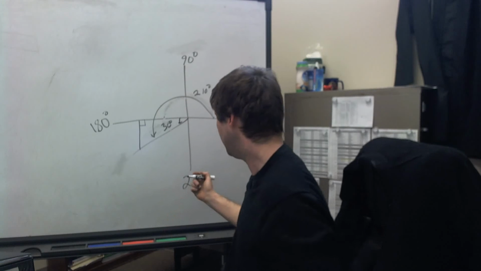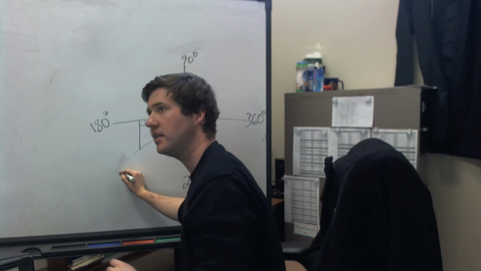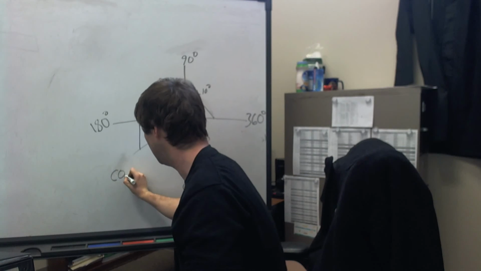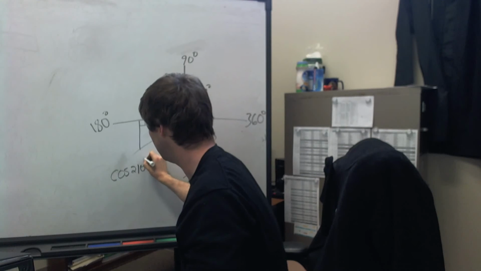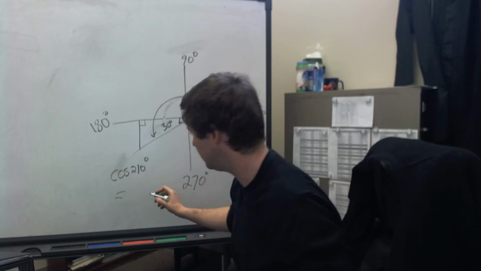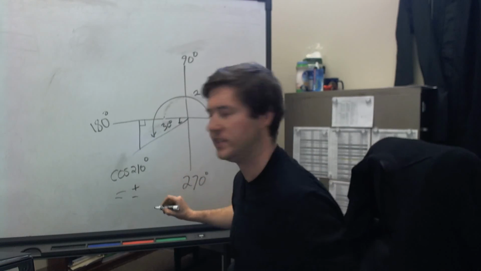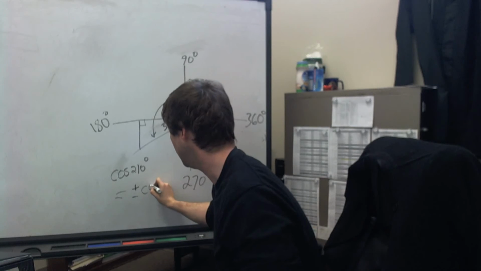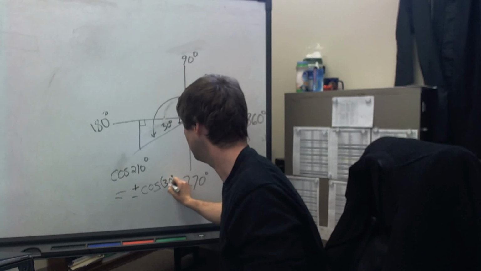So what this says, the rule we're going to get out of this section, is that the cosine of our angle, 210, is going to be either plus or minus the cosine of our reference angle. It's going to be plus or minus the cosine of 30 degrees.